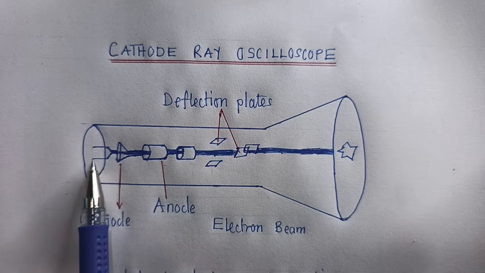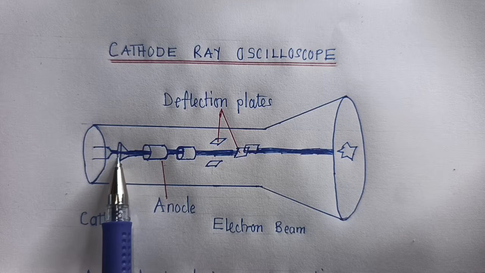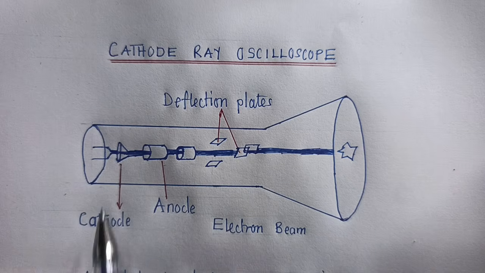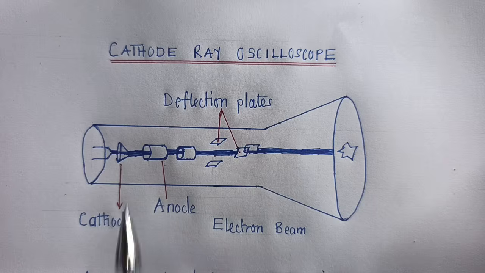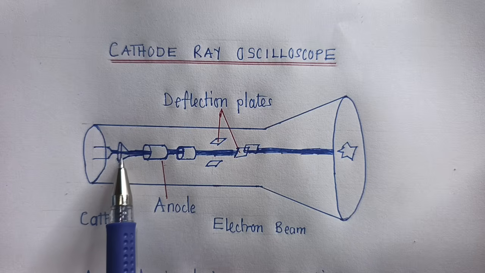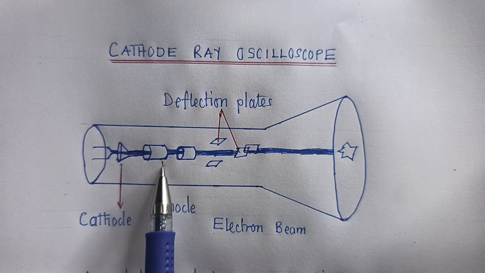When heat is introduced here, when you heat the cathode, you have to know that it's negatively charged. Remember this point. The cathode which is here is negatively charged, and it produces the electrons. When the electrons are produced, they are attracted by this anode because it's positively charged.